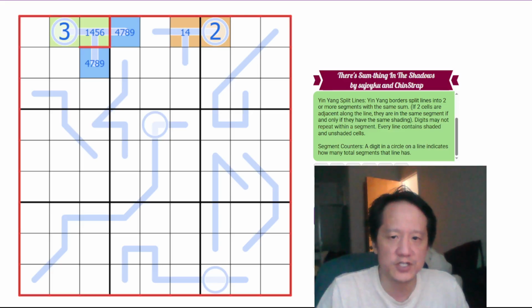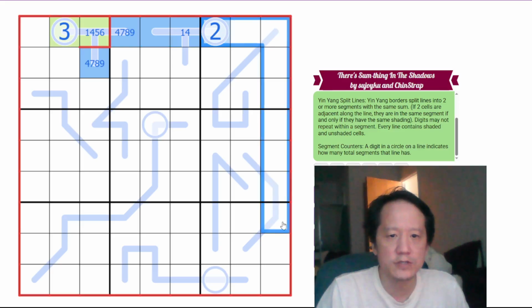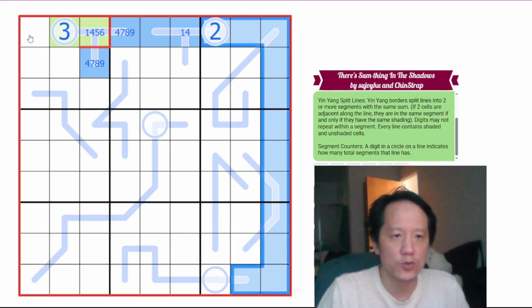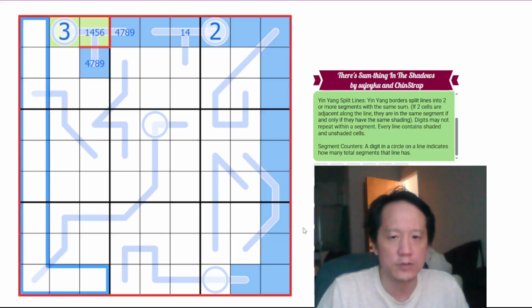So first of all, we know this has to be the blue section, and it must continue here, all the way here. This must be all blue. We have to have some sort of boundary here. So the green has to go all the way to here, right?